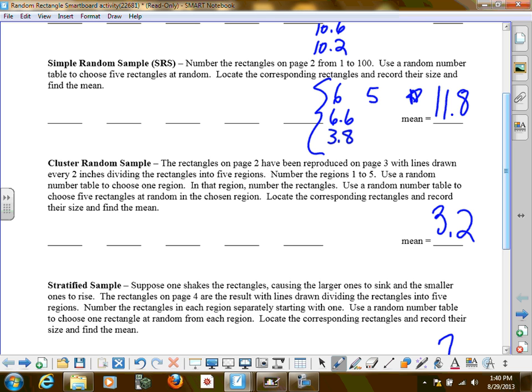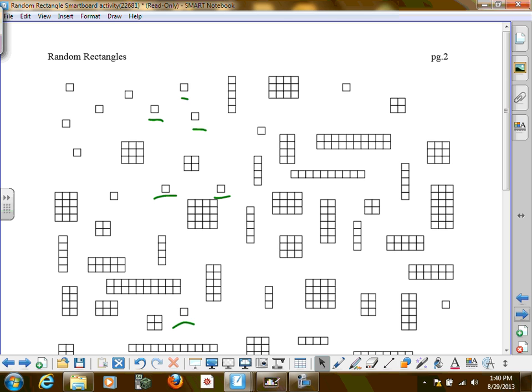Okay, so let me tell you why that is the case. Simple random sample is actually a pretty good method. It's generally going to do a good job of eliminating your visual bias. But the deal is that a higher number of rectangles are really small.